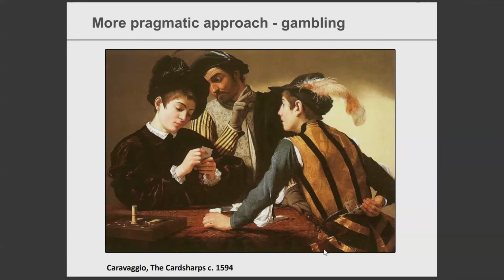So there's lots of interesting stuff going on in this picture, by the way, I love it. But trying to figure out whether you have any rational way of winning in the game of chance was actually the first thing that people started thinking seriously about, started trying to quantify the whole notion of chance.